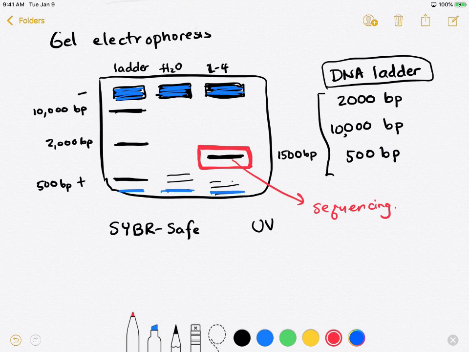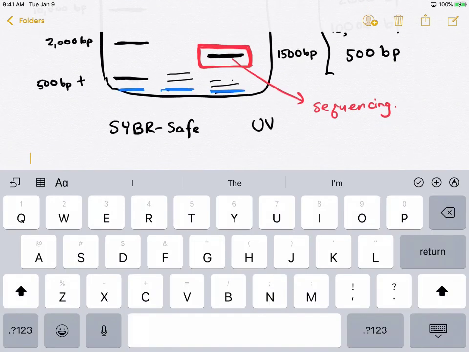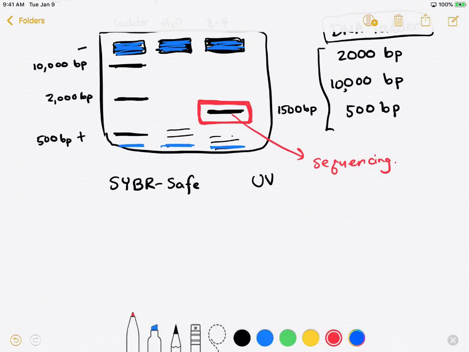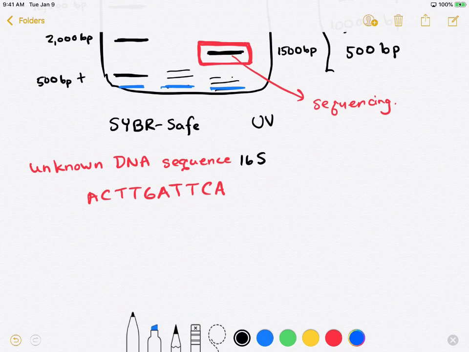We took this 1,500 base pair band, we sent it out for sequencing, and then we came back with a DNA sequence of your unknown. This was the Word file that included that large number of ACTTGATTCA, or whatever it was. Again, that was the sequence of that DNA band of that 16S ribosomal subunit.